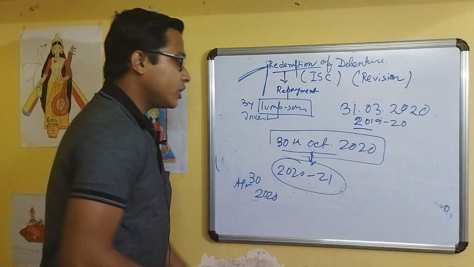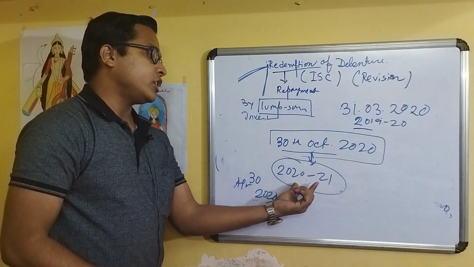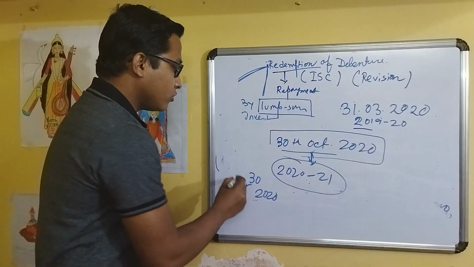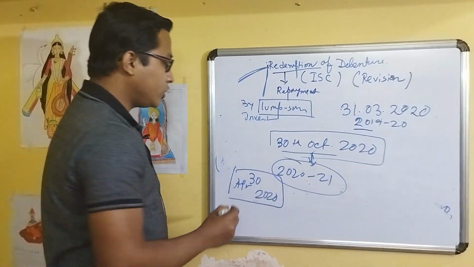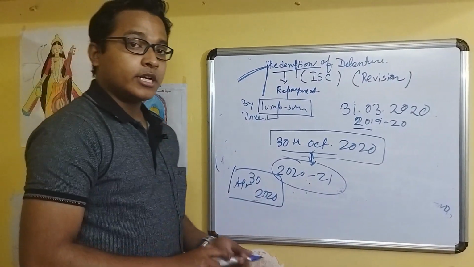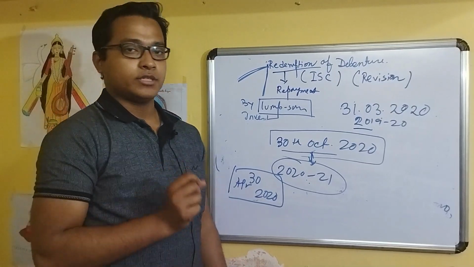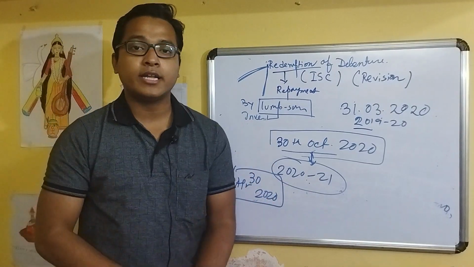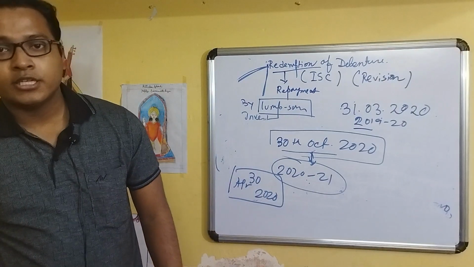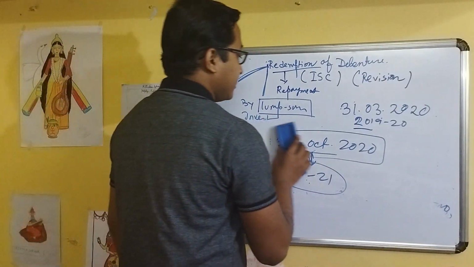So 30th April 2020 is the date of debenture redemption investment. This is the first journal entry that should be done in the lump sum redemption mode.